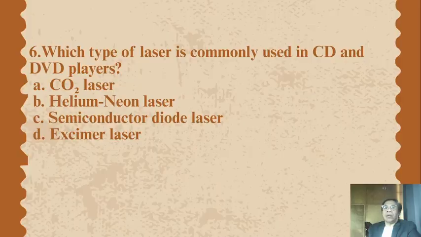Number 6. Which type of laser is commonly used in CD and DVD players? Letter A, carbon dioxide laser. Letter B, helium neon laser. Letter C, semiconductor diode laser. Letter D, excimer laser.